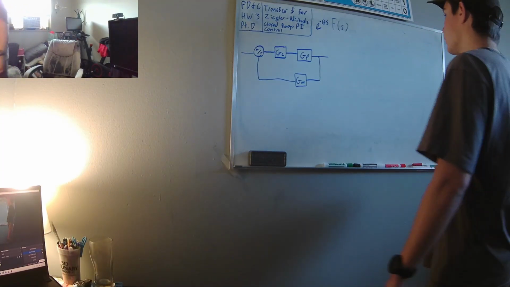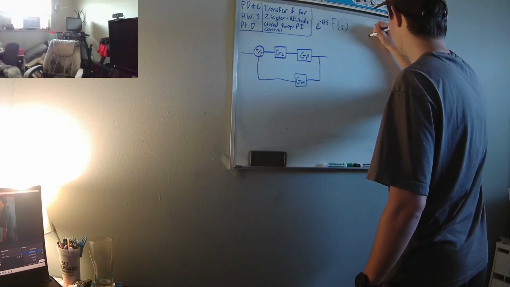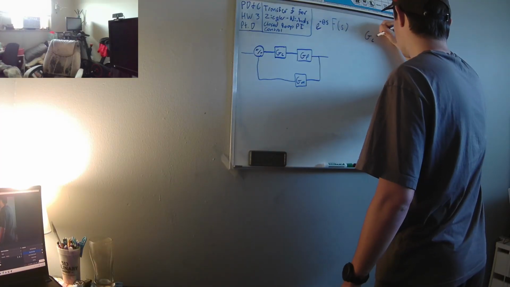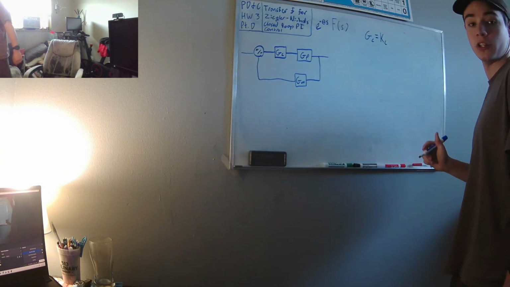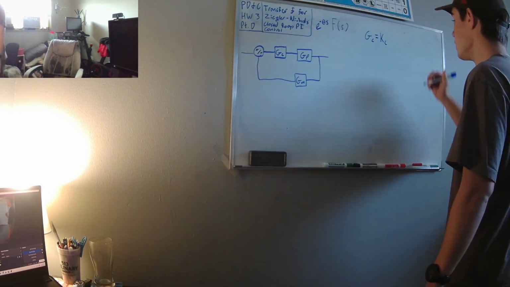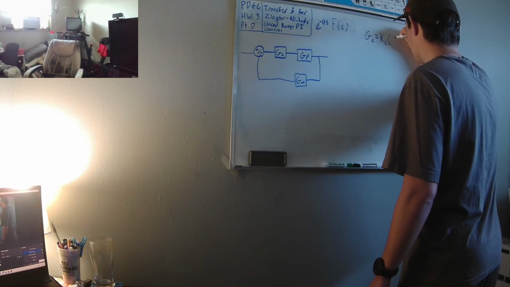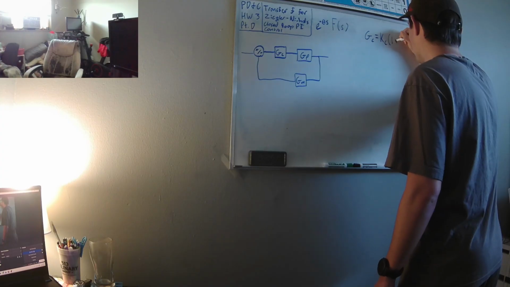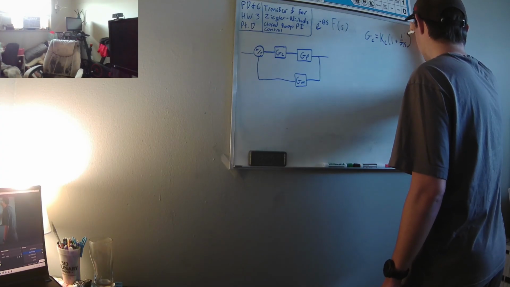So if we remember previously, we said that our GC just equaled KC for our proportional only controller. But now that we have this integral element, we're going to have to account for that by adding this 1 plus 1 over tau I s.